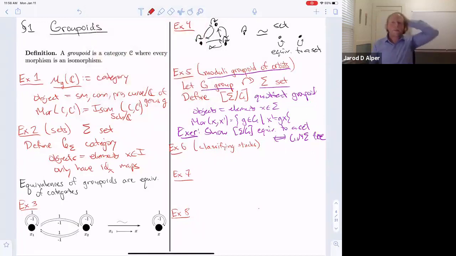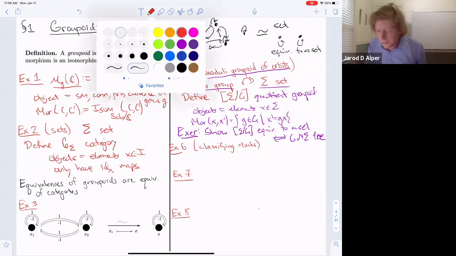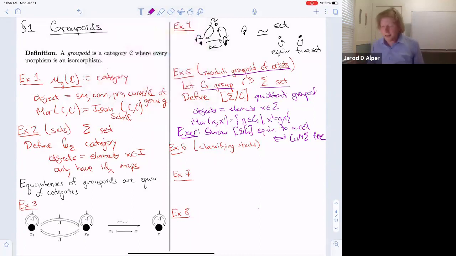All right, and now we turn to a really important special case of this, which is the classifying stack. This is the special case where you take the action on the 1-point set, and this gives you the category BG.